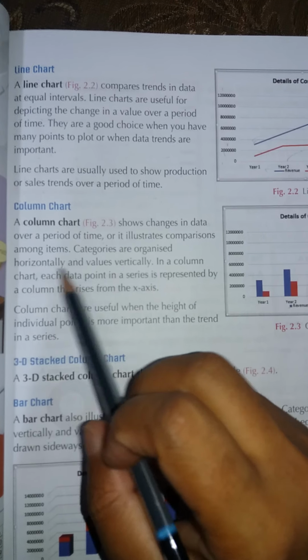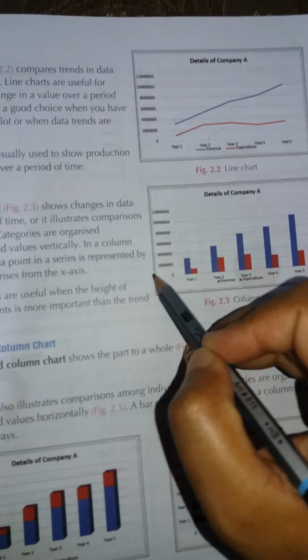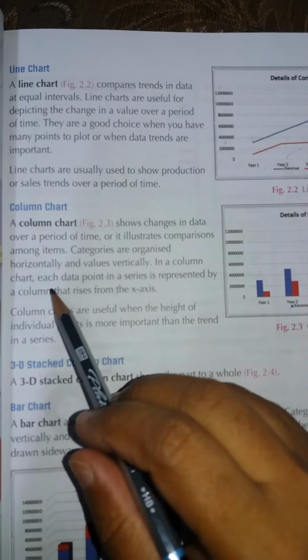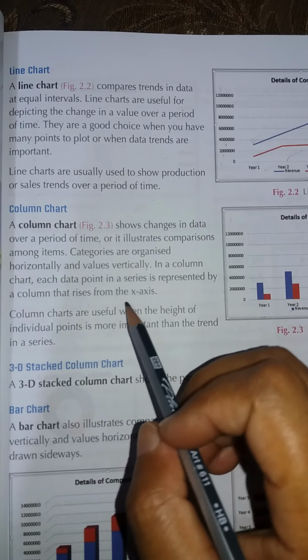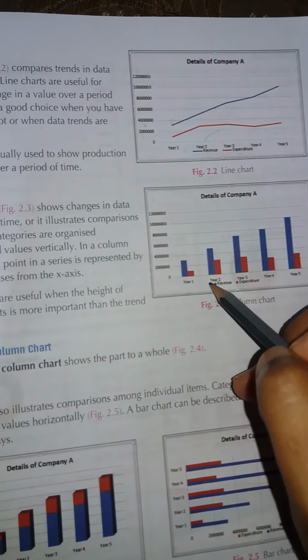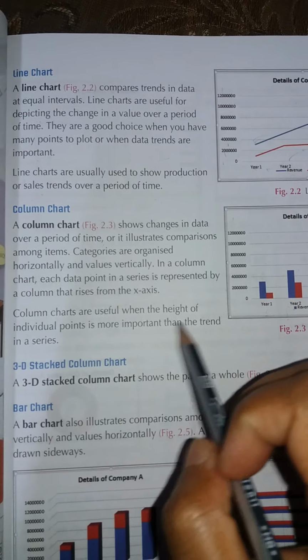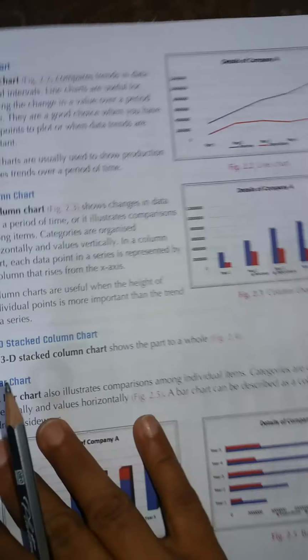Categories are organized horizontally and values vertically. In a column chart, each data point in a series is represented by a column that rises from the x-axis. Column charts are useful when the height of individual points is more important than the trend in a series.